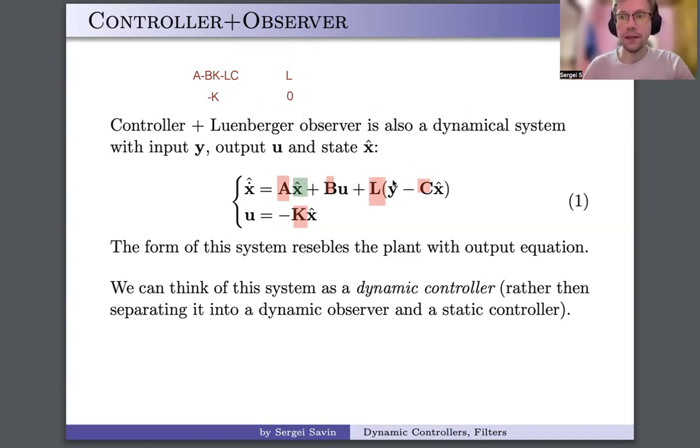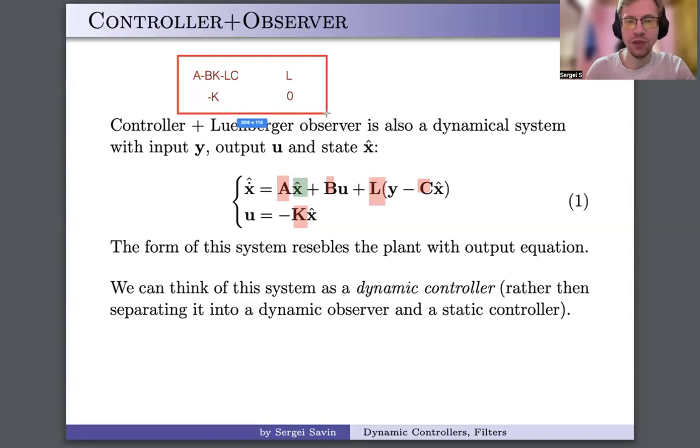Okay. So when we said we are going to choose Leuenberger observer, what we implied is that we use this type of structure for our matrices, right? We would have those 4 matrices, and out of those 4 matrices, we're only going to tune a very specific one component, L. So we only tune L. Everything else we're not tuning, right?